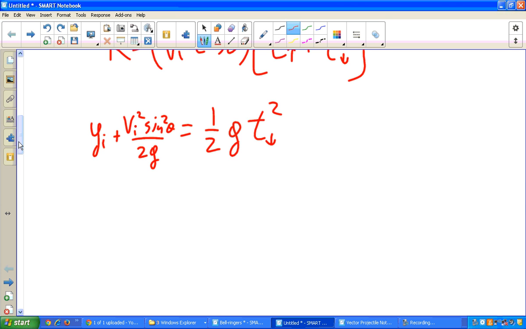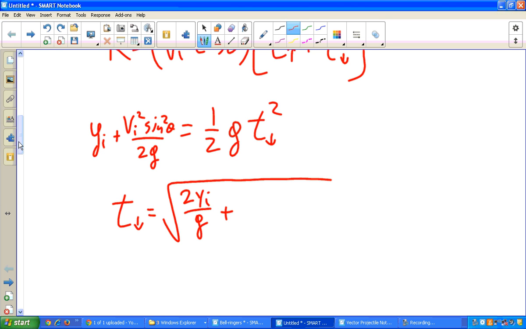Now I'm going to do some algebra and solve for the time down. I'm going to multiply by 2 on both sides, divide by g, and take the square root. When it's all said and done, I get time down equals the square root of 2y initial over g plus, the 2's cancel out, VI squared sine squared theta all over g squared.